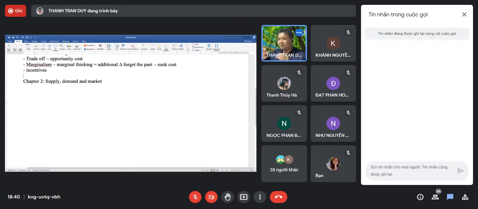So that's the four principles about how people make decisions. The next one, we talk about how people interact. So anyone tell me what are the three principles about how people interact?